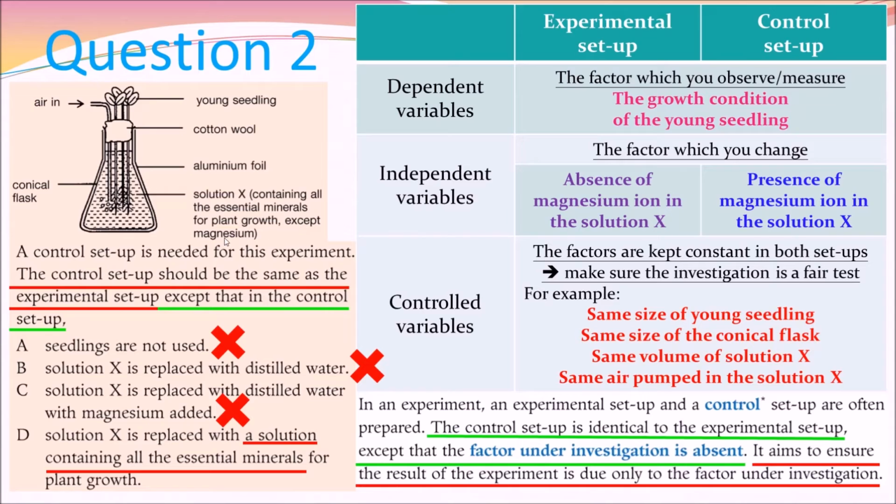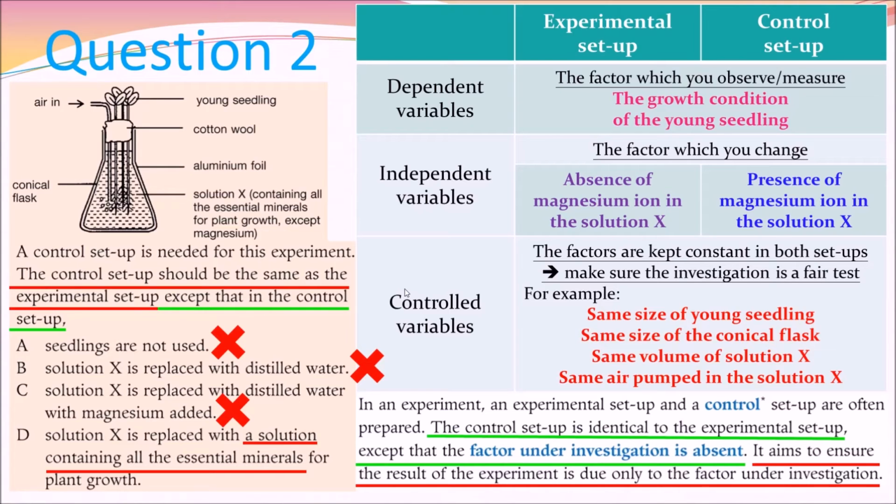But if we use distilled water to replace solution X, that means one setup is solution X without magnesium, and the other setup is without anything. Only distilled water. That means no minerals for this plant. So of course it cannot grow healthily as well. So it's meaningless.